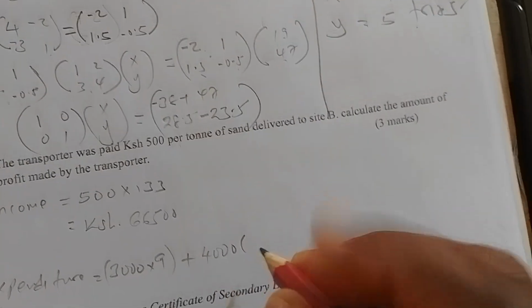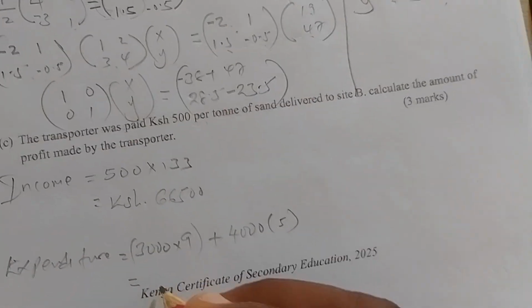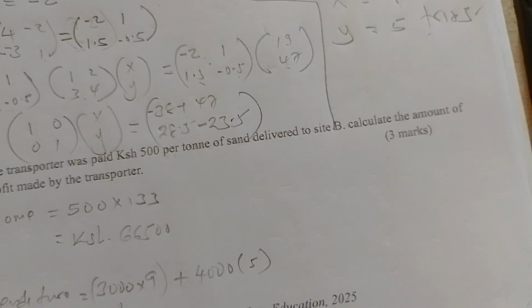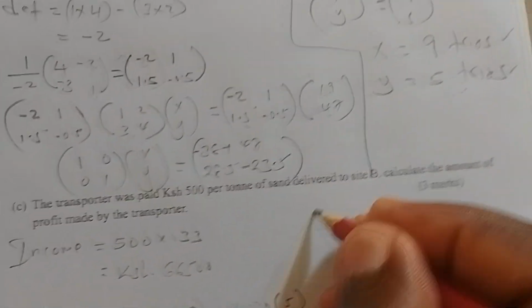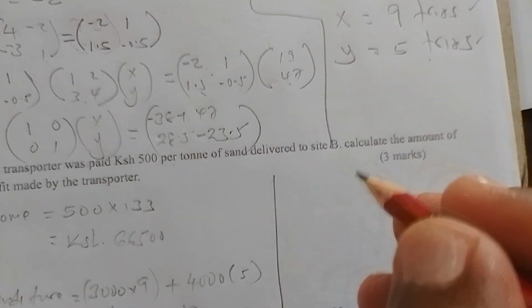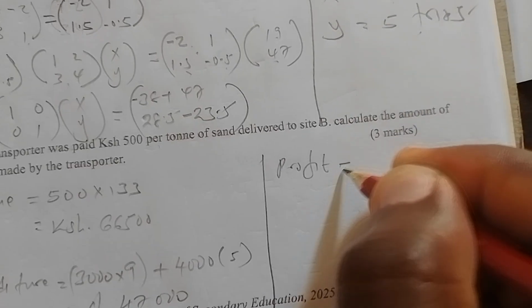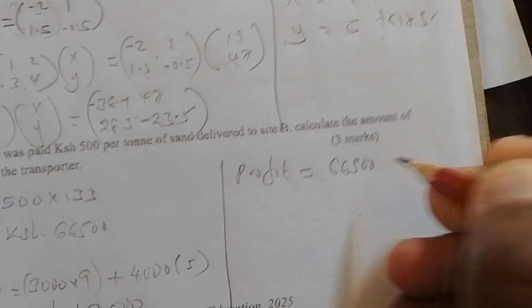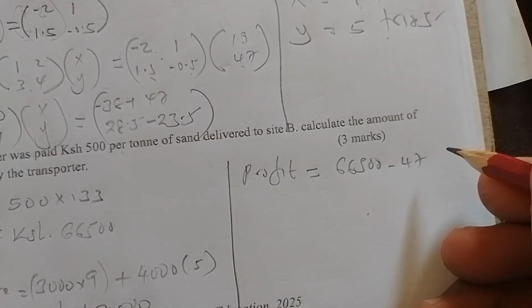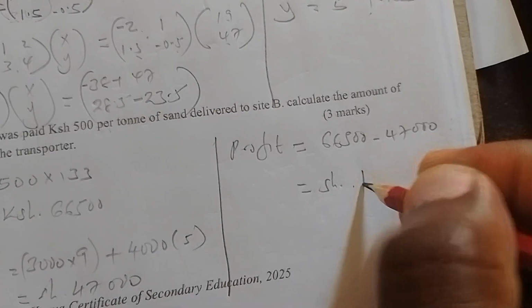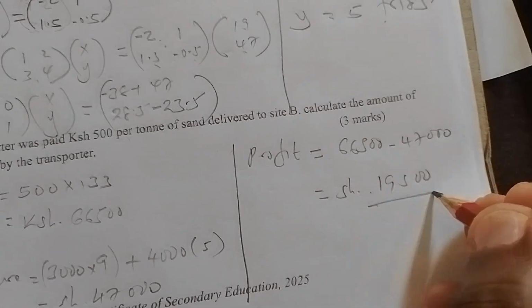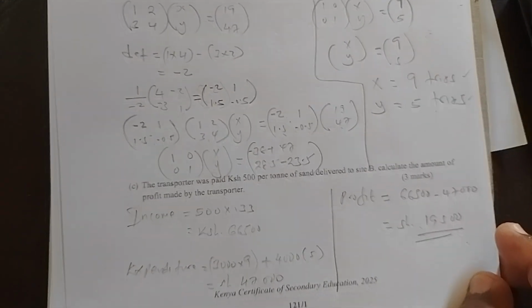So if we multiply this, we get 47,000 Kenya shillings. Therefore, what is the profit? The profit realized, we take 66,500 minus 47,000. So this one gives us 19,500.